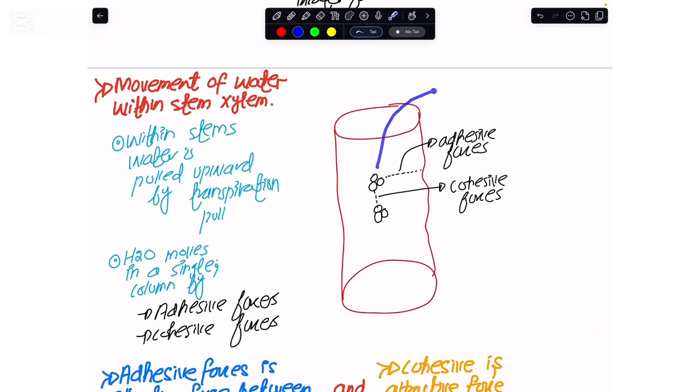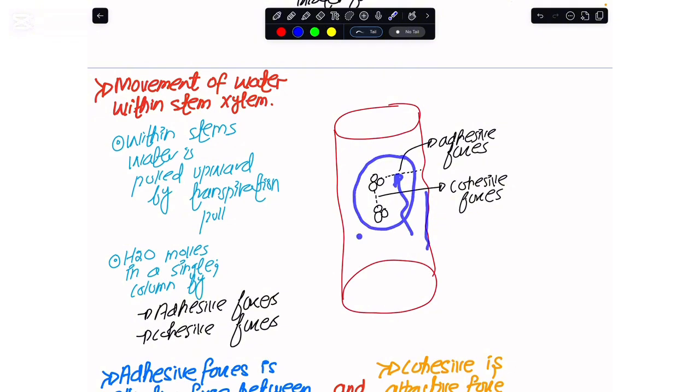The effect that is causing the water to be pulled up is a transpiration pull, but we have to make sure that the water molecules within the stem xylem move upward continuously. This means that some attractive forces must exist between the water molecules, and at the same time the water molecules should also be attracted to the surrounding walls of the xylem vessels, and that would bring about the continuity.